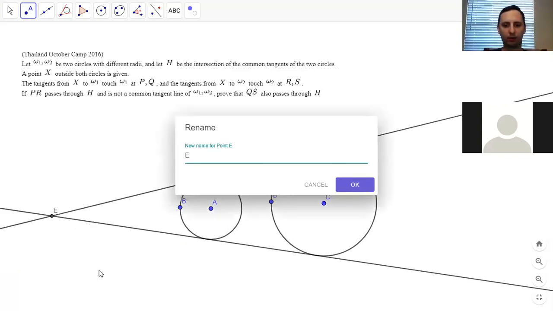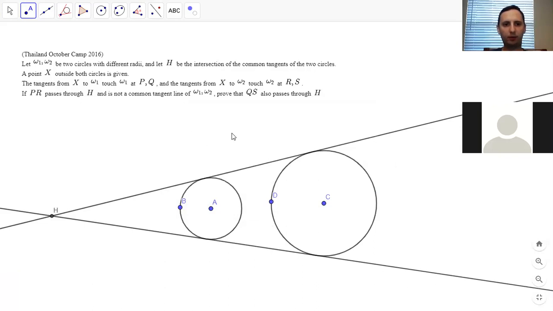I'm going to hide some of those other points later. Then we have some point X, and we draw the two tangents to each of the circles.